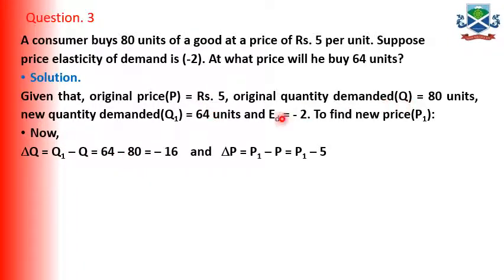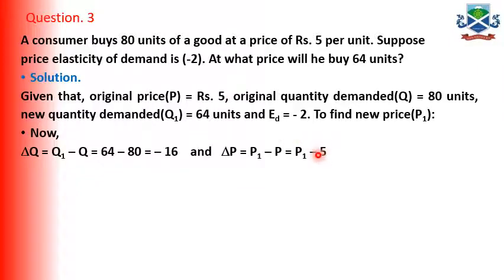The new is 64 and the original is 80, so you will get -16. Again, you have to remember this minus. The change in price is P1 minus P. We keep P1 as a variable to find, and the original price P is given as 5 rupees.